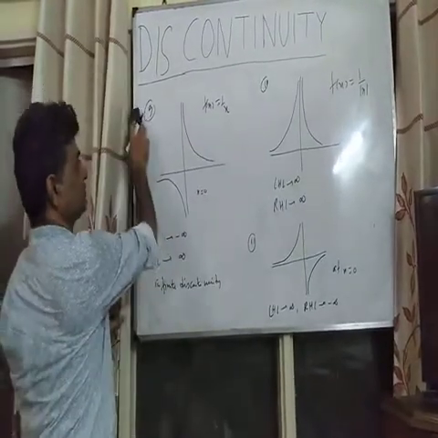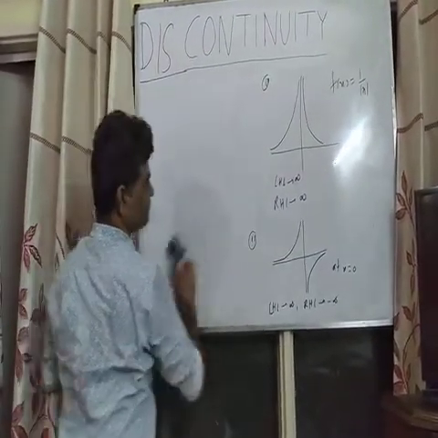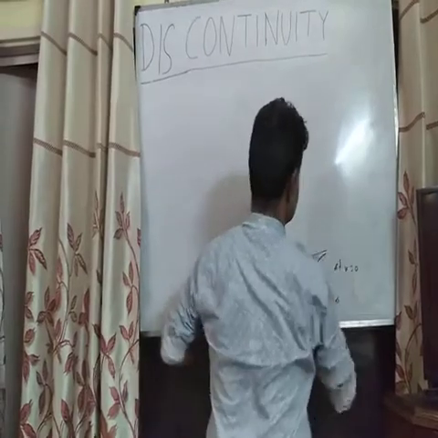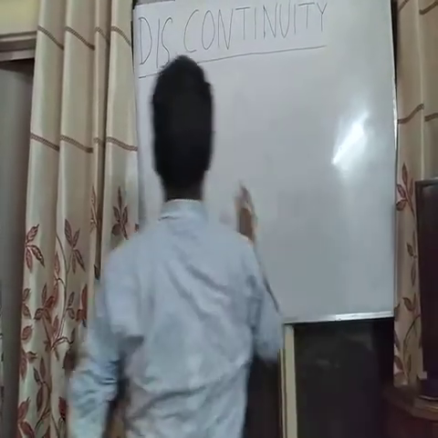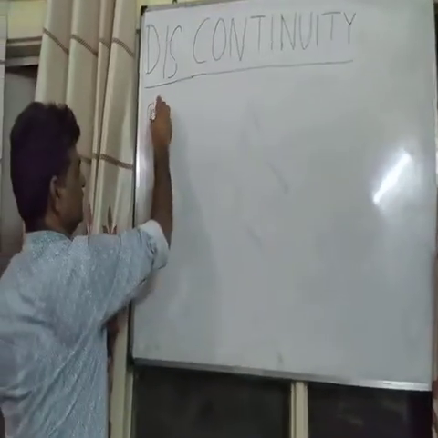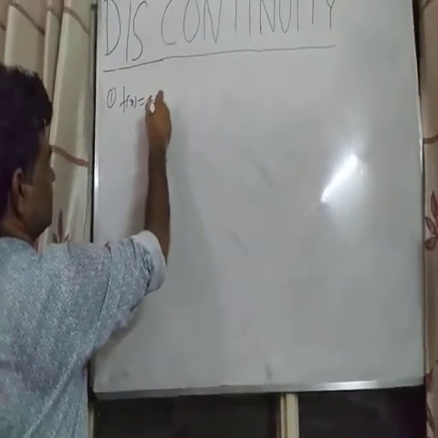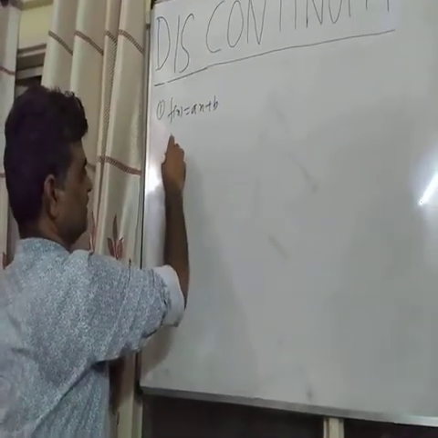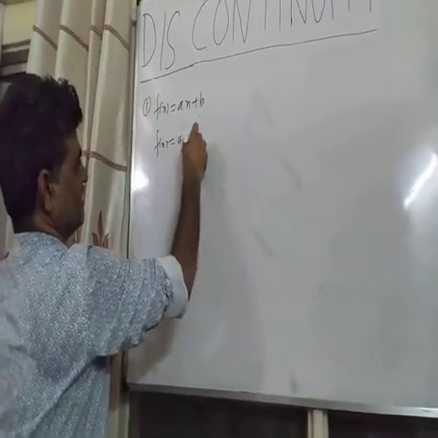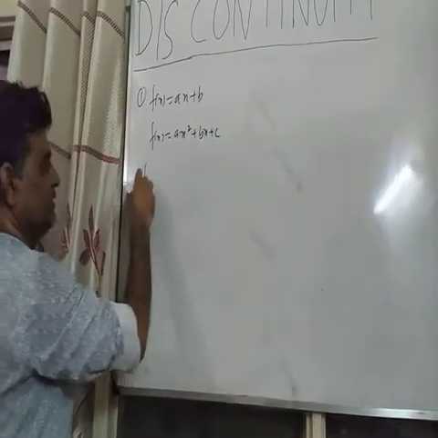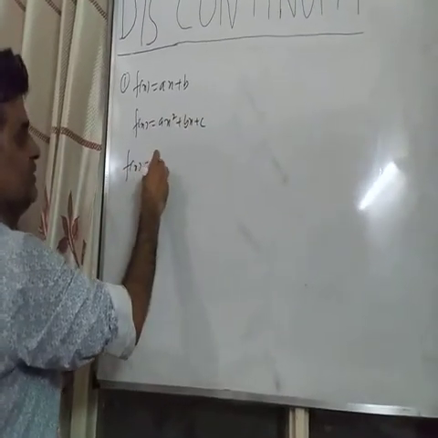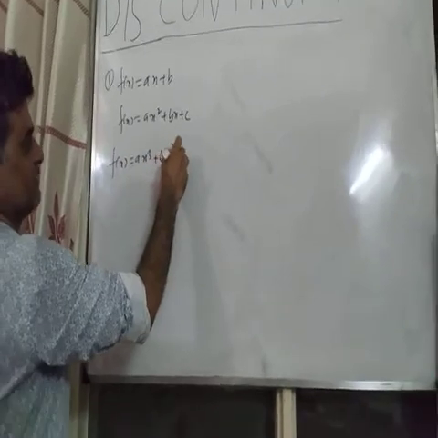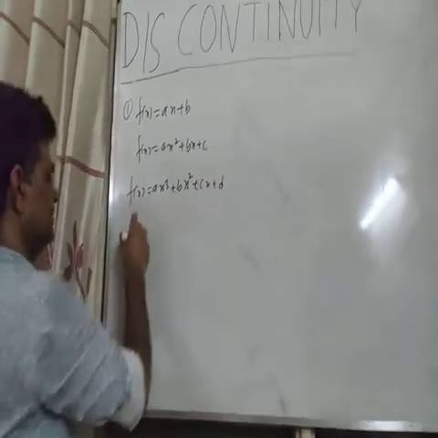For example, f(x) equals ax plus b, f(x) equals a quadratic equation, f(x) equals a cubic equation, bx square plus cx plus d.